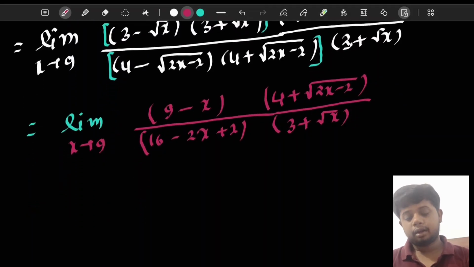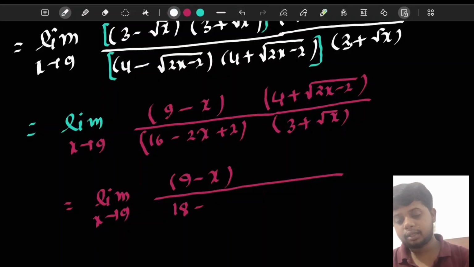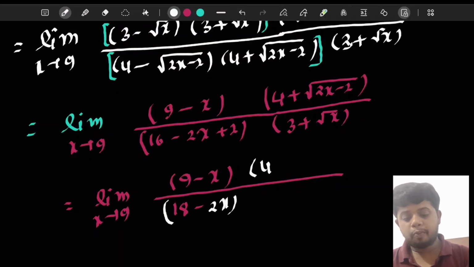Now see here, limit x tending to 9, 9 minus x, and here 18 minus 2x, times 4 plus root of 2x minus 2, and 3 plus root x.